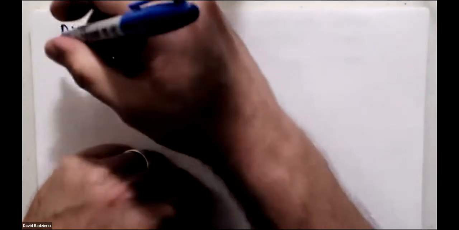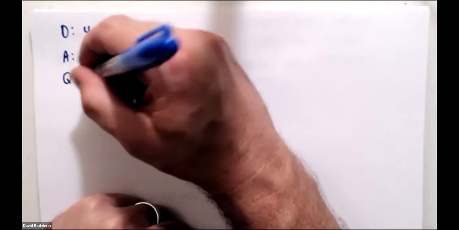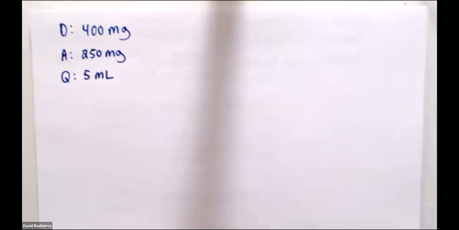All right, so my order is the 400 milligrams. My available is 250 milligrams. And then the quantity is going to be the 5 milliliters. Now, sometimes you'll write available as 250 milligrams per 5 ml.